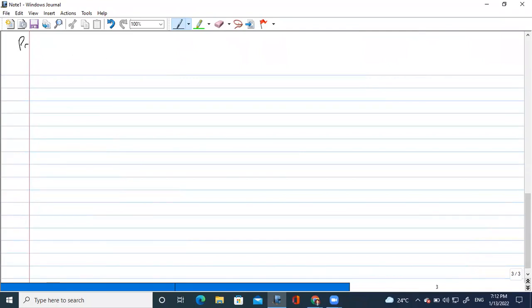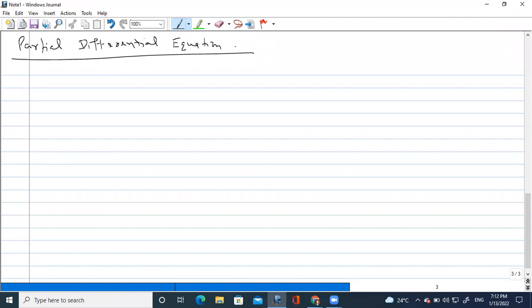Okay, so now let us start partial differential equation. See what I told you, if it is dy by dx, y is the dependent variable. So here y is dependent variable and x is independent variable.